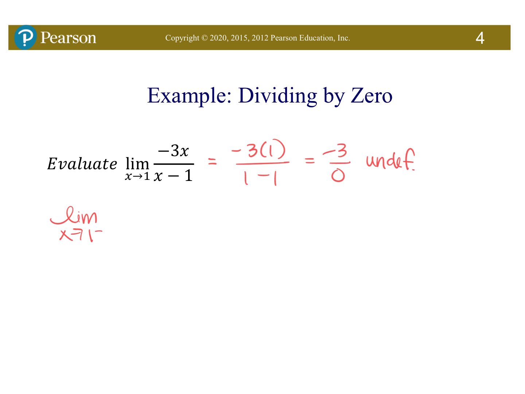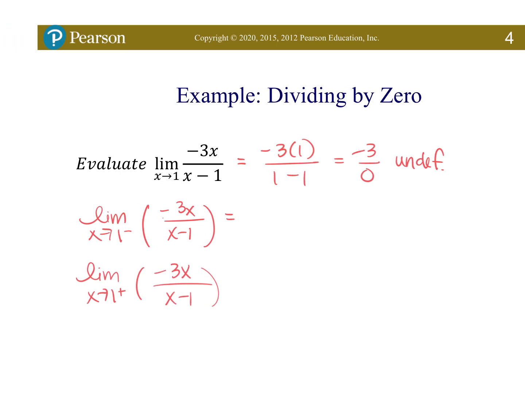I'm going to evaluate 1 from the left, plugging that into -3x over x minus 1, and I will compare that to 1 from the right, plugging that into -3x over x minus 1. So check the two sides of 1. If something that you plugged in makes undefined, then check its two sides.